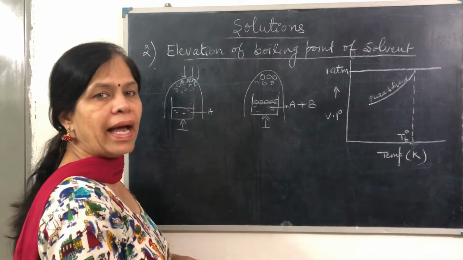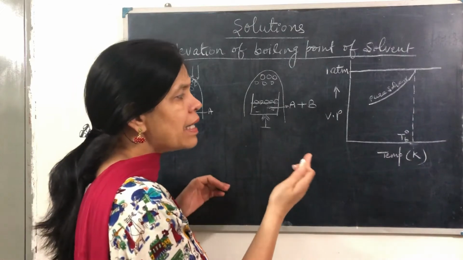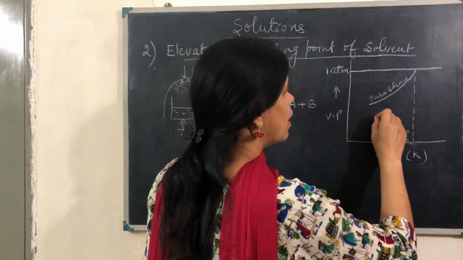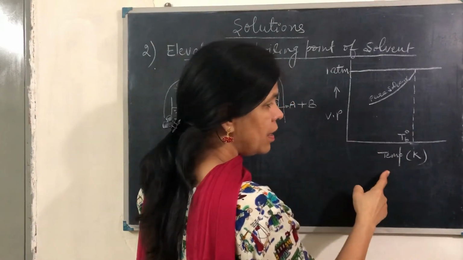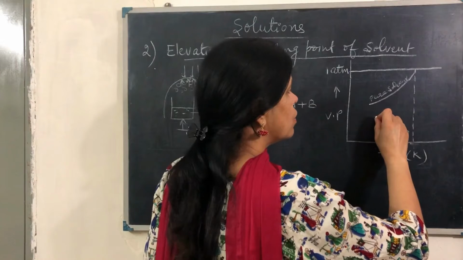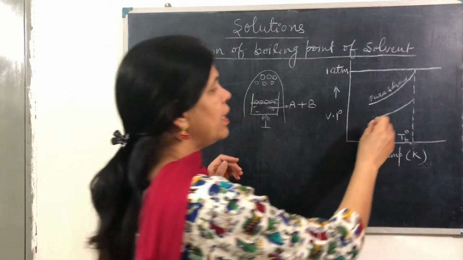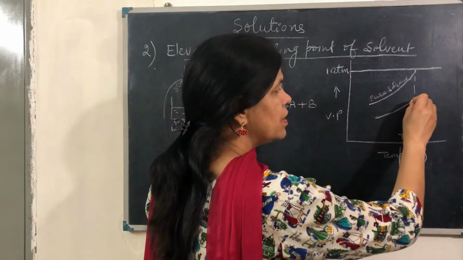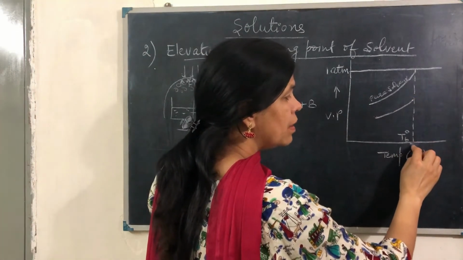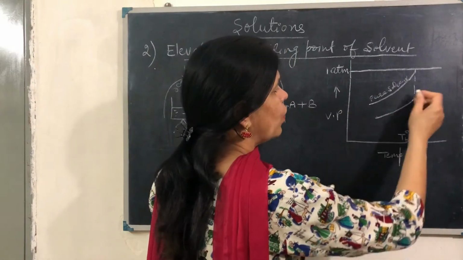What happens when I add non-volatile solute? Naturally, the solution has lesser vapor pressure at the same temperature. So I'll plot a graph below this graph, but the relation is again the same. If I increase the temperature, vapor pressure also increases. But at this temperature where the pure liquid has started boiling, it is not the boiling point of the solution.